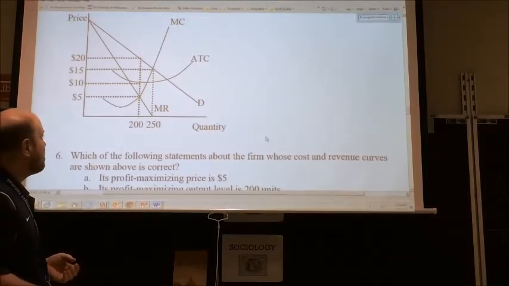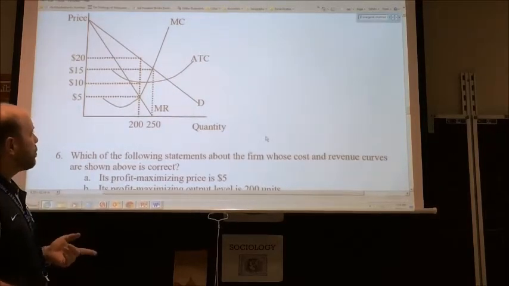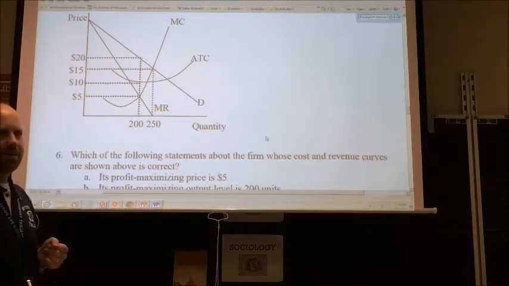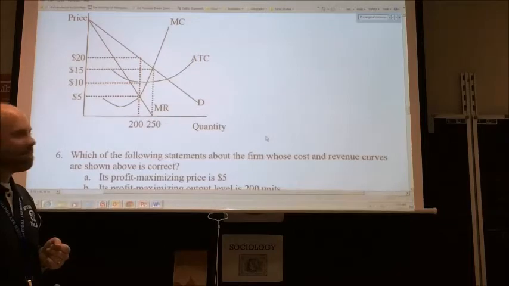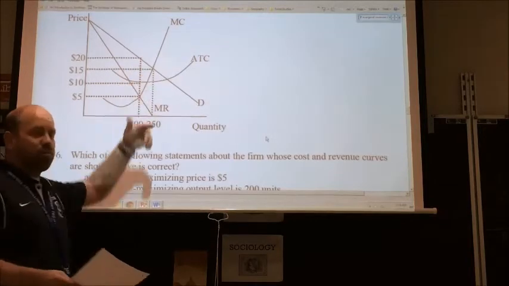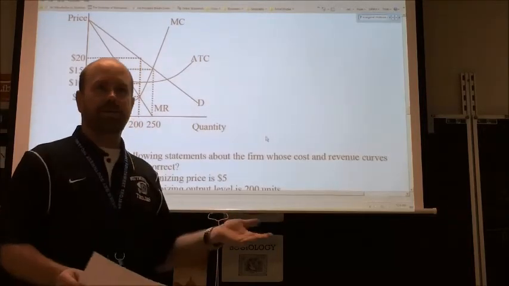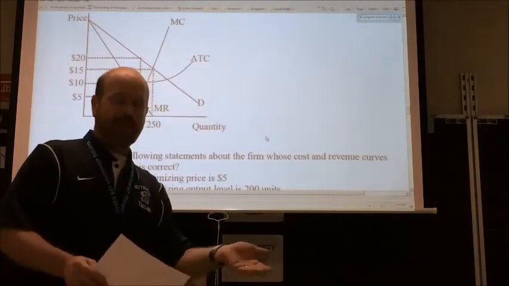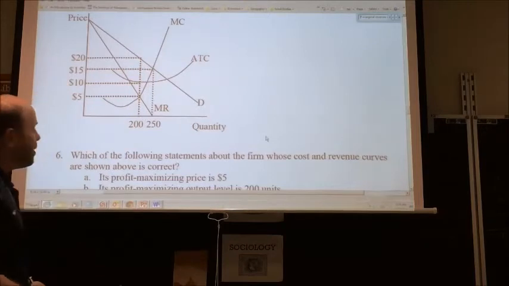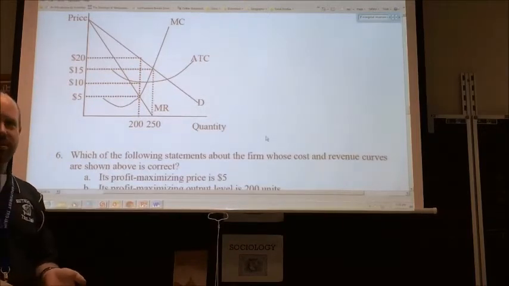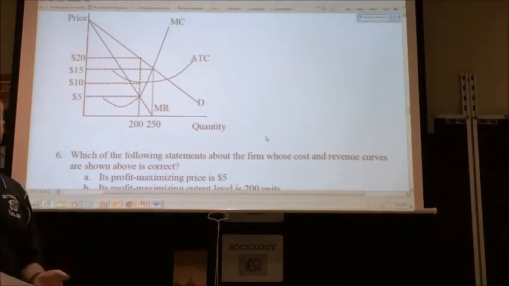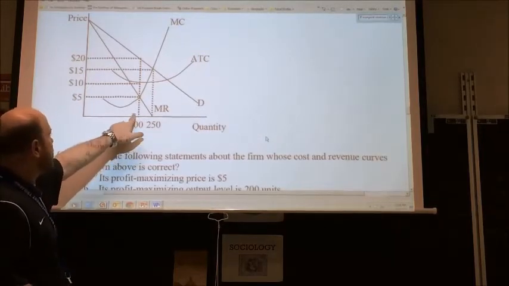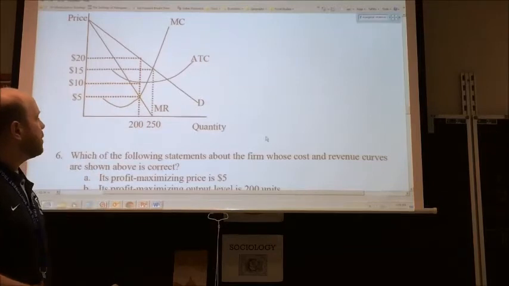To calculate the profit, how do we calculate the profit here? Total profit is equal to revenue minus what you spent, cost. And which curve here tells us about your costs? The ATC, the average total cost. So at this quantity of 200, the average total cost for each unit is 10.